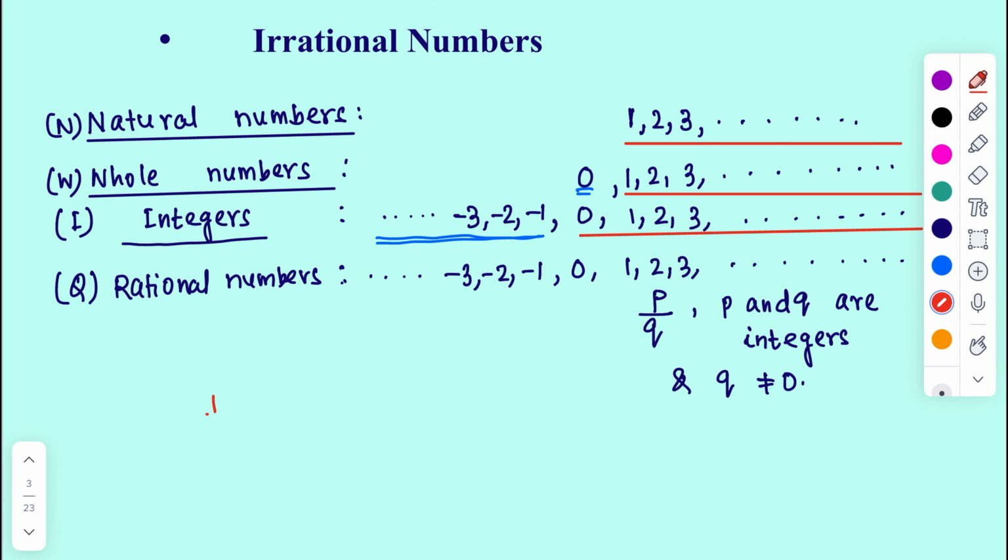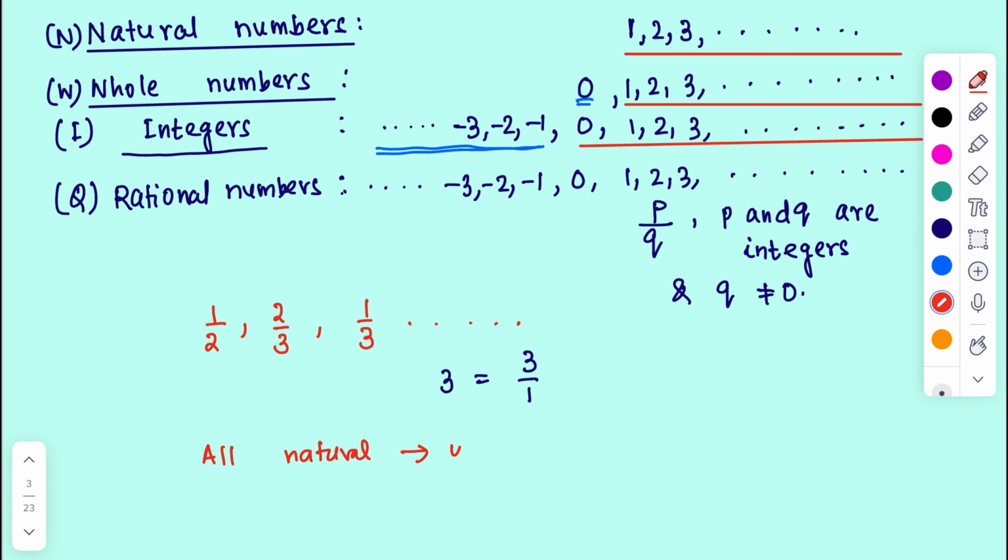That means all integers are rational numbers. All natural numbers are whole numbers, all whole numbers are integers, and all integers are rational numbers.